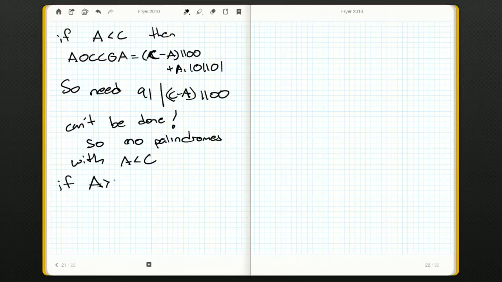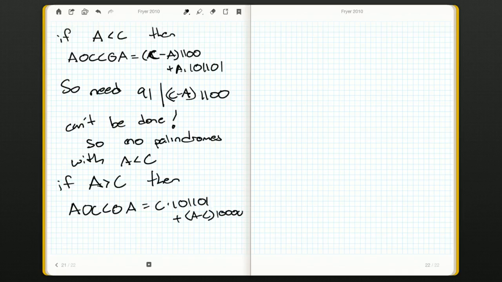How about if A is greater than C? I don't expect this to work, but ACCA, well, that's going to be C times 101101, which is fine. That's a multiple of 91. And A minus C times 10001. So what do we need?